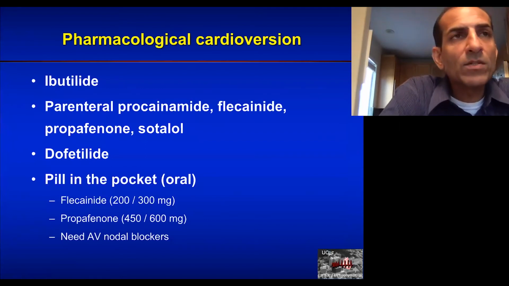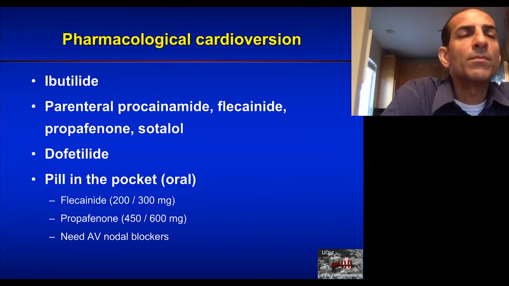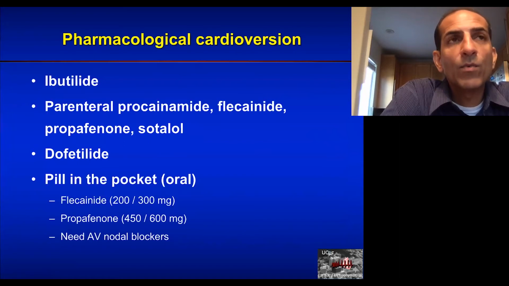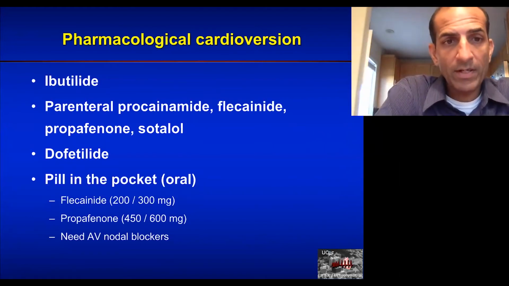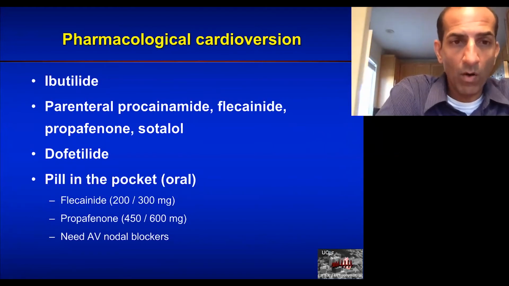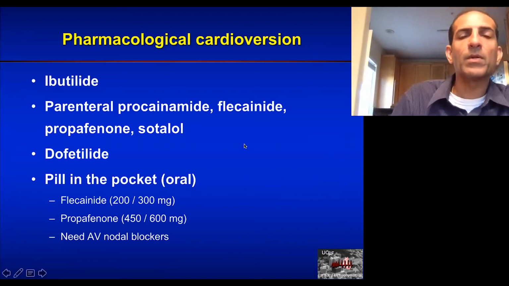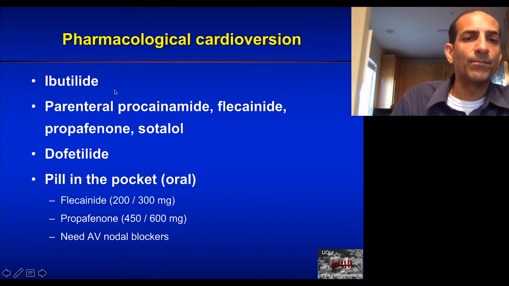Now, when these patients present to the hospital with atrial fibrillation and rapid ventricular rates, and they have significant symptoms associated with that, or they have low ejection fraction and heart failure associated with that, we try to cardiovert them and put them back into normal rhythm. To do that, we can either electrically cardiovert them, or we can try drug therapy. The drug therapy available for cardioversion includes intravenous drugs like ibutilide.